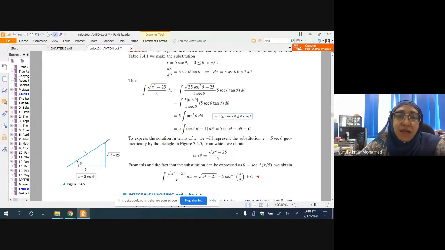So x divided by 5, and the opposite side is obtained by using Pythagoras theorem.